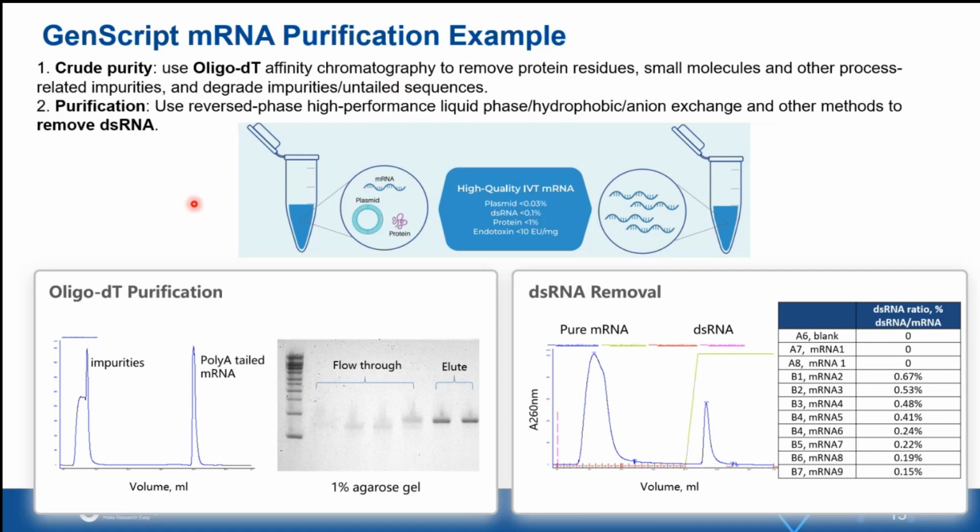And we use hydrophobic exchange and other methods to remove the dsRNA. So here shows you what a high quality IVT mRNA should look like, and here's the RQC.